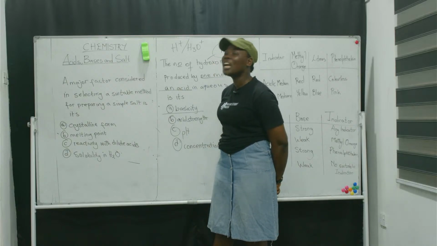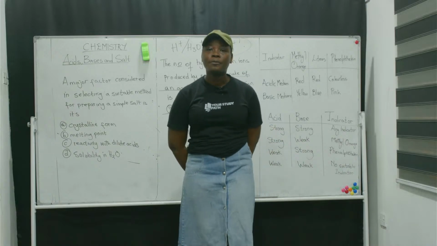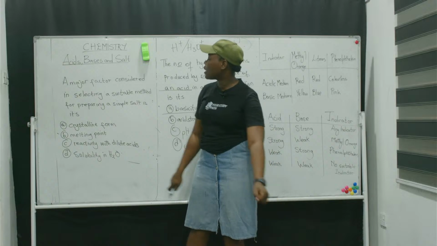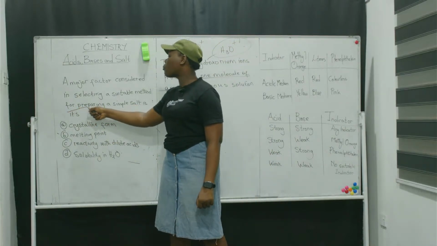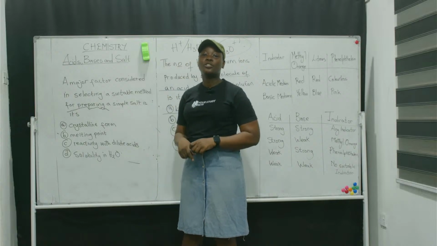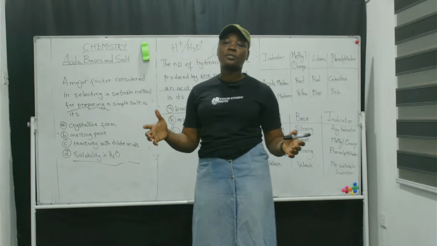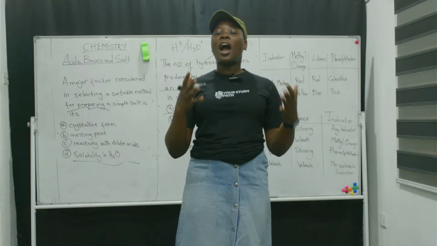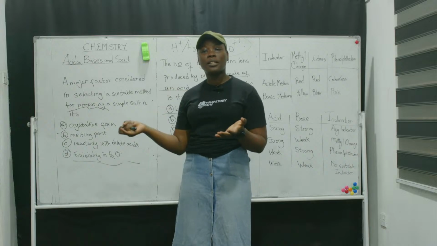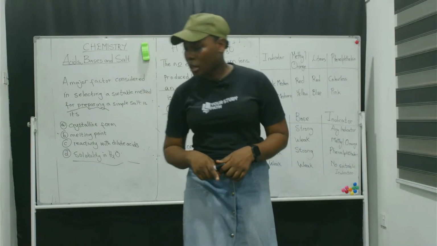Okay. In this class, I made mention of salt. I talked about soluble and insoluble, and I also mentioned that the way you prepare it differs. The question says, suitable method for preparing, and it is based on their solubility. That's why insoluble salts have to undergo double decomposition, whereas soluble salts can be prepared by reaction of acid with metal, with carbonate, or with an insoluble base or alkali.